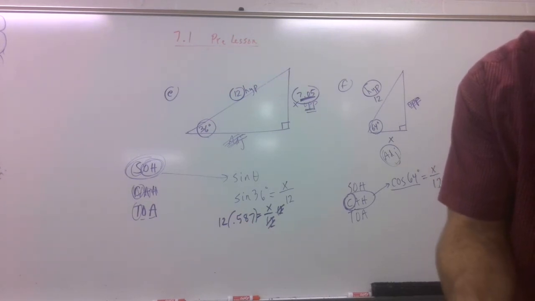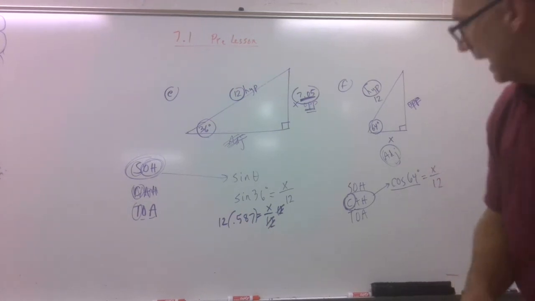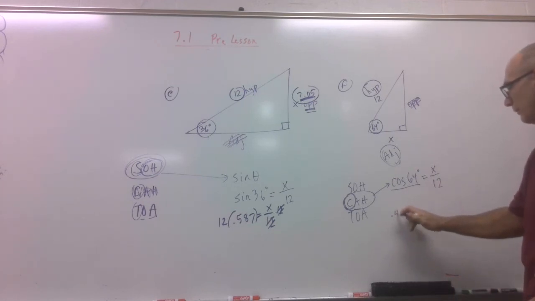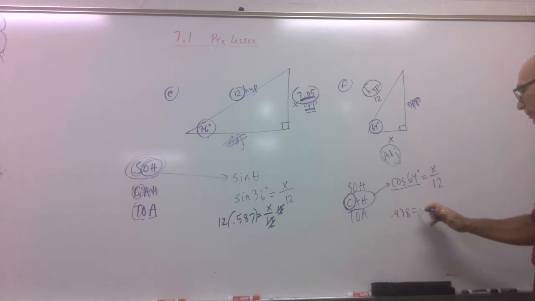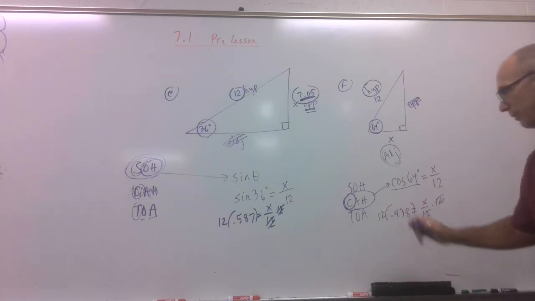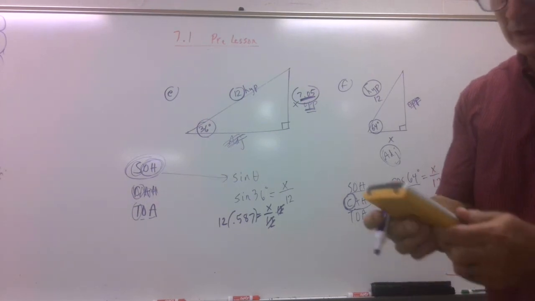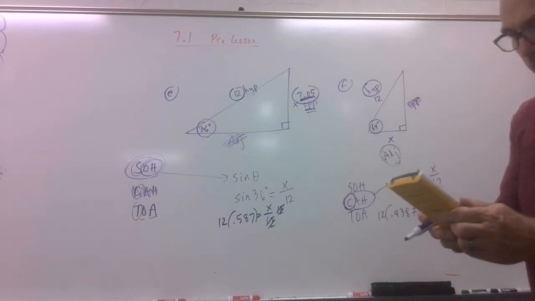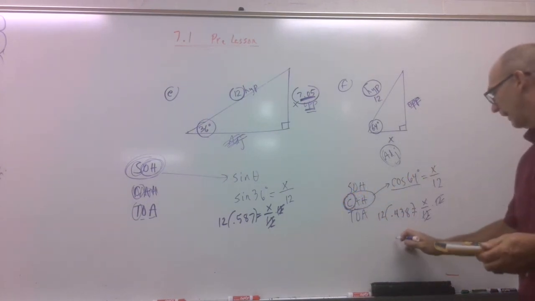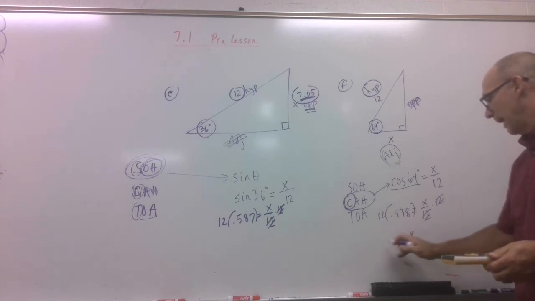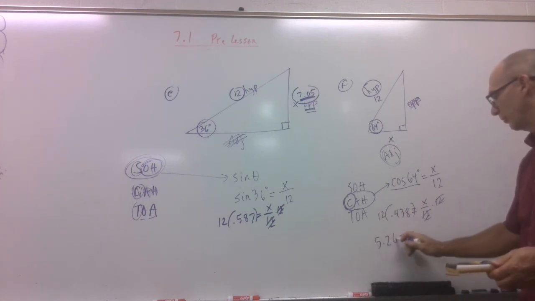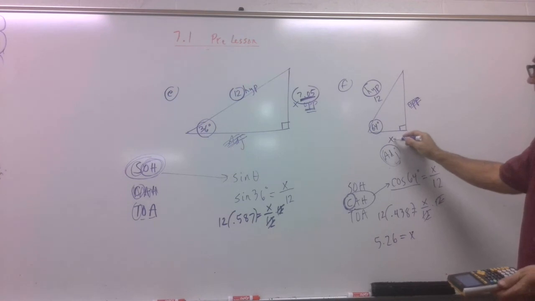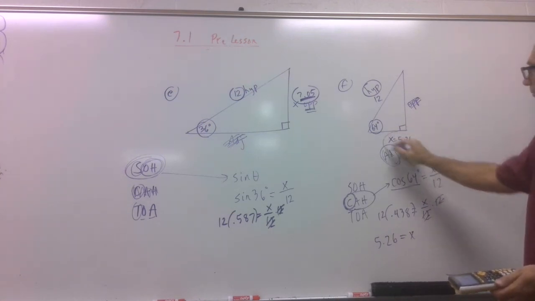Cosine of 64, 0.438. So 0.438 equals x over 12. Multiply by 12, multiply by 12, and let's see what we get. Times 12, 5.26. So x is approximately 5.26.